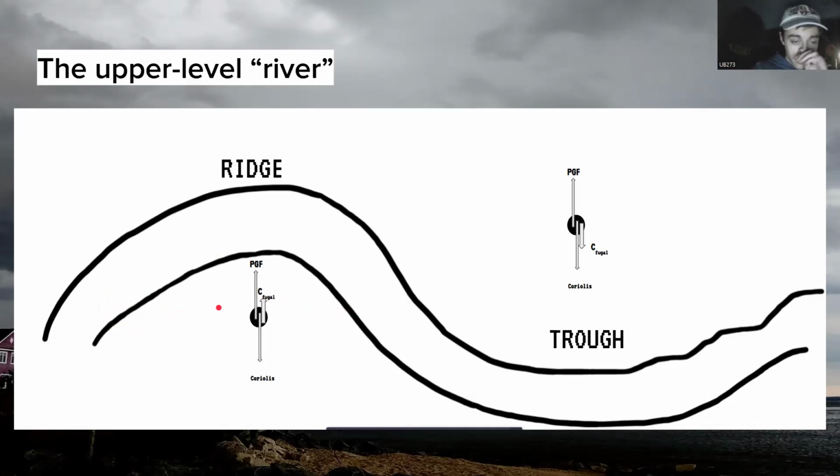Pressure gradient force up. Now, why is that? Well, because it's going to go from higher to lower pressure, and also from high to low heights as well, because those are related to each other.